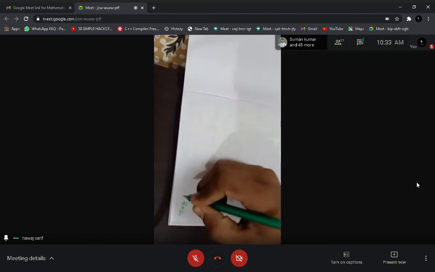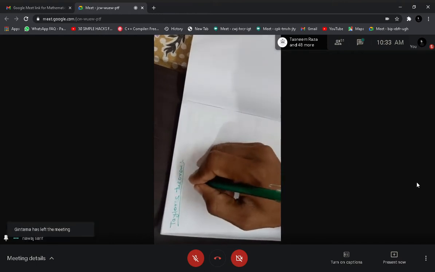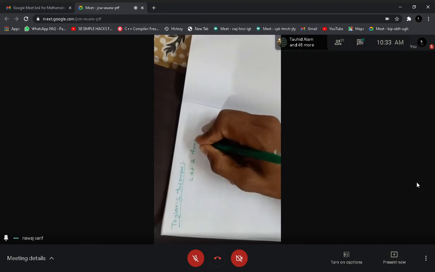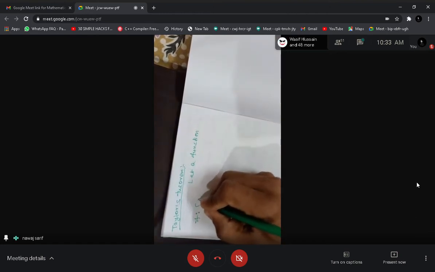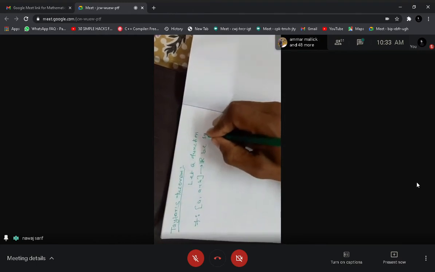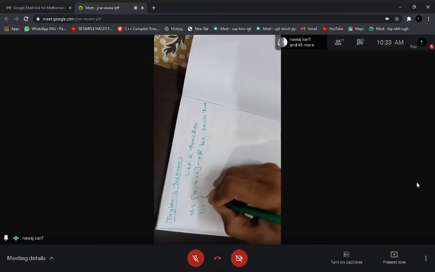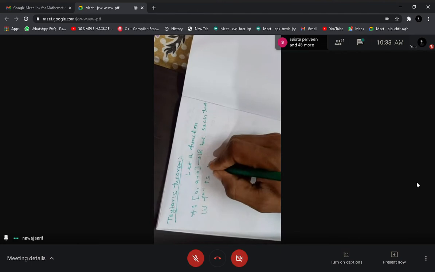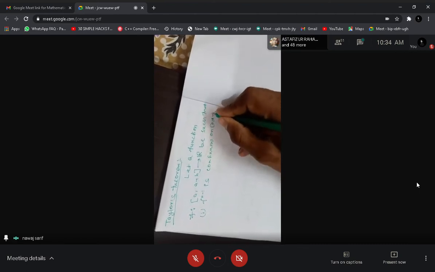Taylor's theorem. Let a function f from the closed interval a comma a plus h to R be such that number one, f of n minus 1 is continuous on the interval a to a plus h.